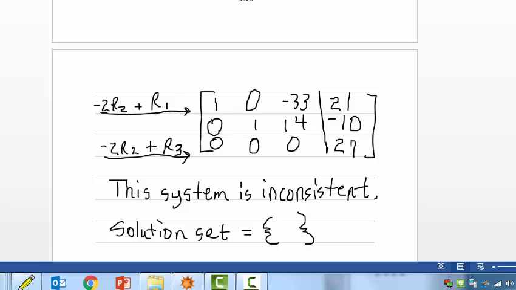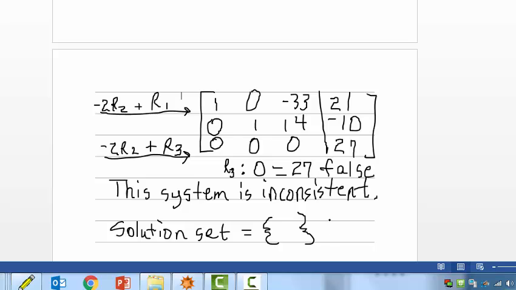Notice that row 3 in this final matrix is telling me that 0x plus 0y plus 0z is simply 0 equals 27, which is false.